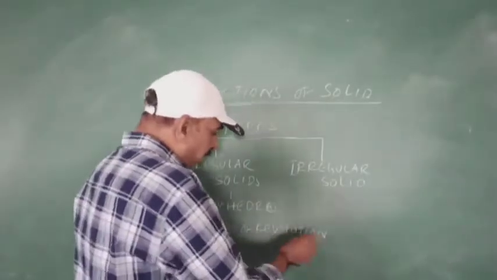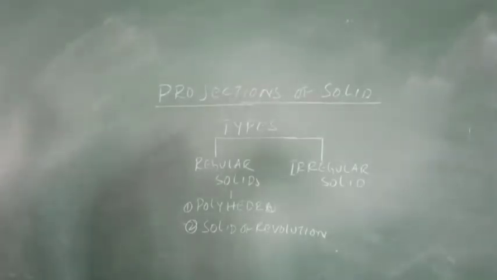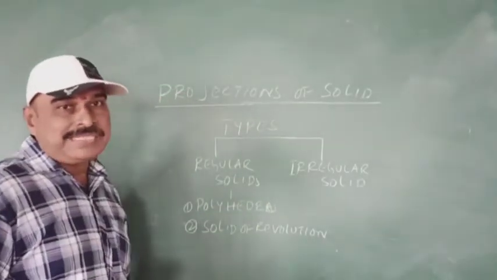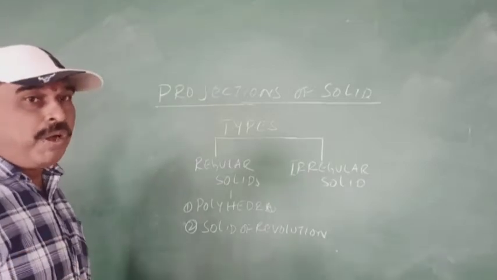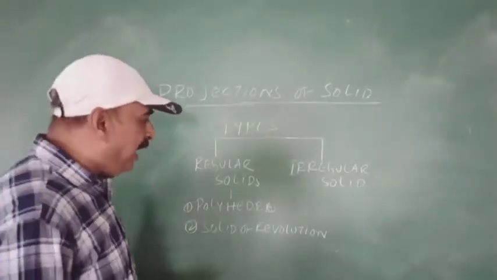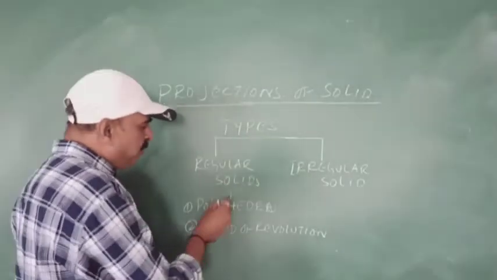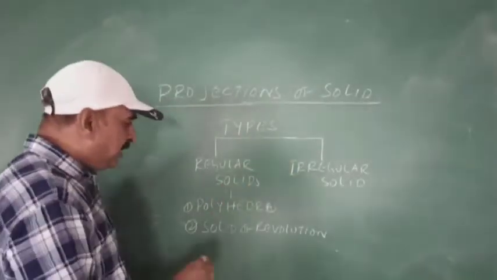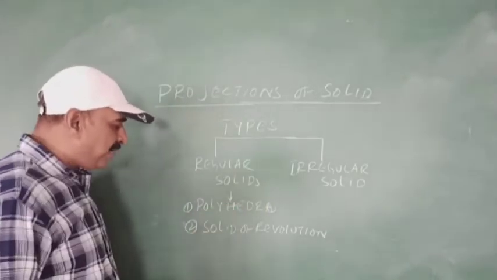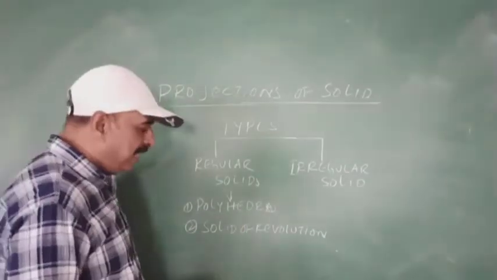If you go in depth with the classification, these polyhedras can be further grouped as regular polyhedras and other polyhedras. So now, mainly the solids are classified into two groups: regular solids and irregular solids. Regular solids are further grouped as polyhedras and solids of revolution.